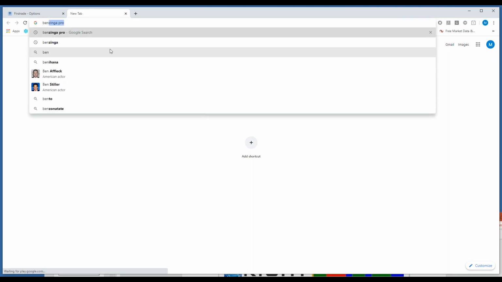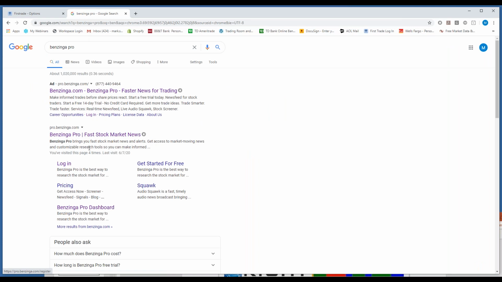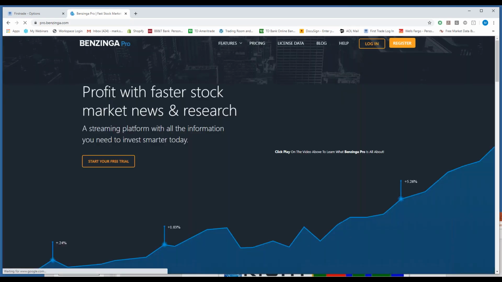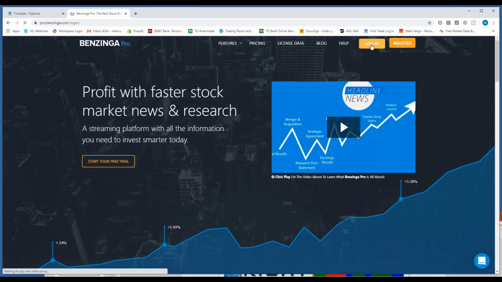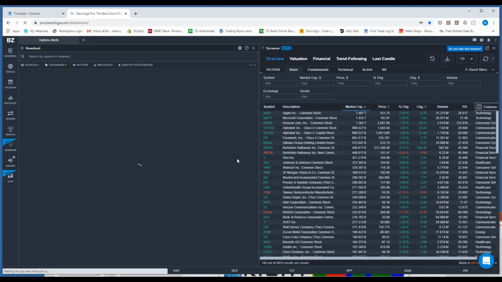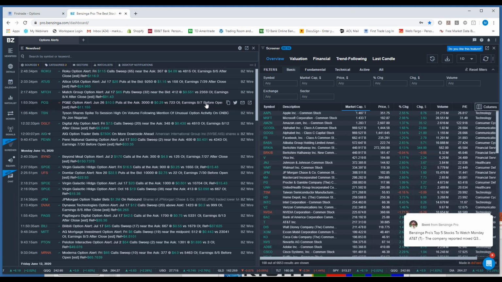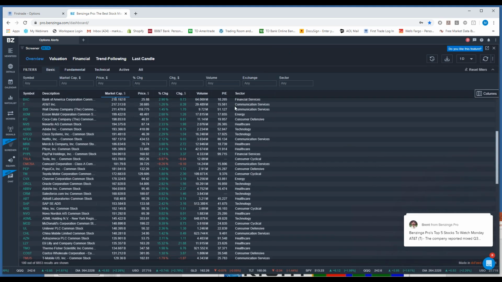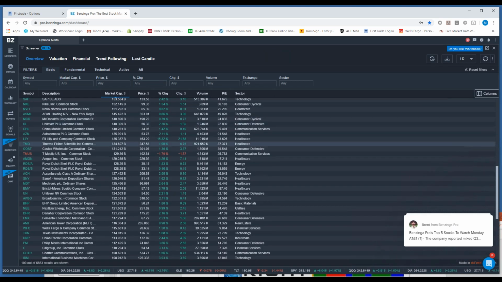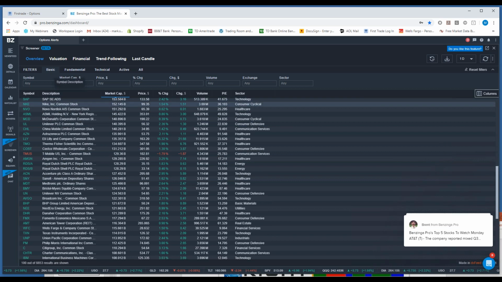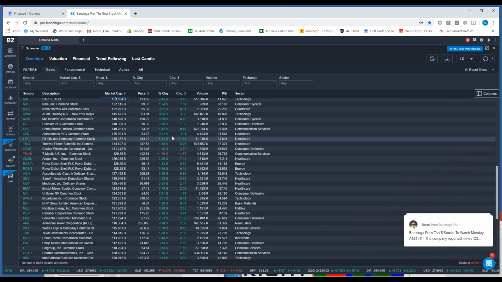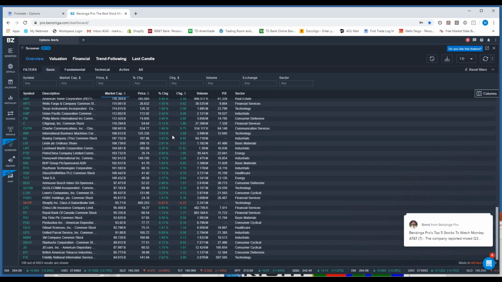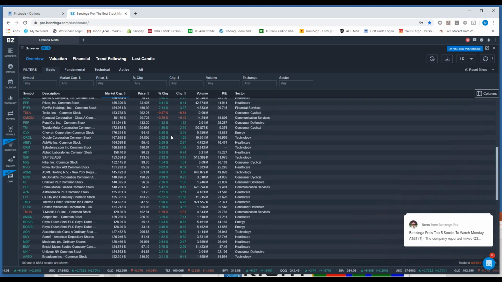One of the ways I look for great positions, now these are not day trade positions, I look at them through Benzinga. And Benzinga shows me every single options trade that's crossed. Now, right now, I'm not even looking at the options. These are just giving me the percent gainers and the percent losers, just as they cross the ticker.